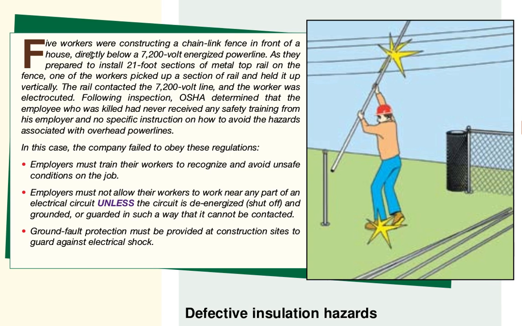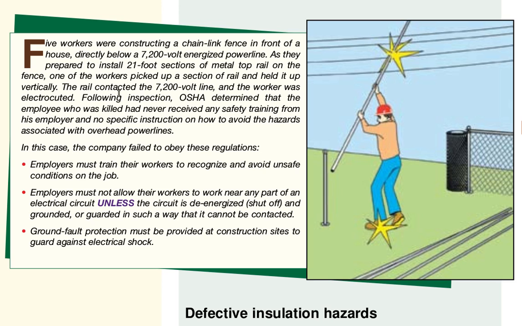Case: 5 workers were constructing a chain link fence in front of a house directly below a 7,200 volt energized power line. As they prepared to install 21-foot sections of metal top rail on the fence, one of the workers picked up a section of rail and held it up vertically.